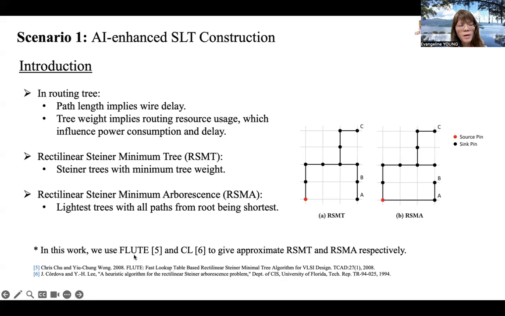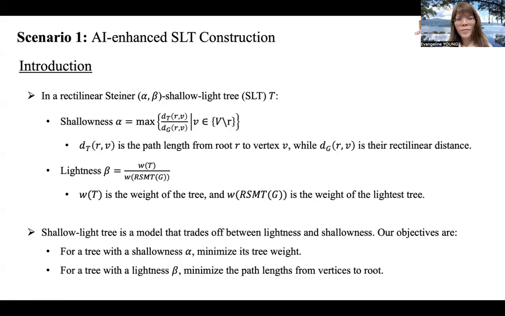So here in our work, we will use FLUTE and CL to approximate the RSMT and the RSMA. One more thing to introduce is two parameters. One is to measure the shallowness. It is the maximum among all the vertices v except the root of this ratio, which is the path length from the root to this node over the Manhattan distance from the root to this node.